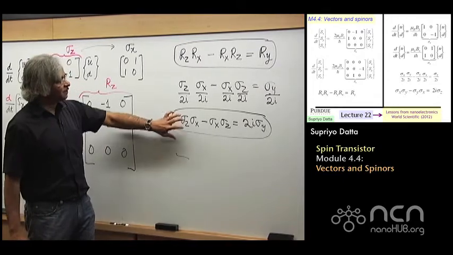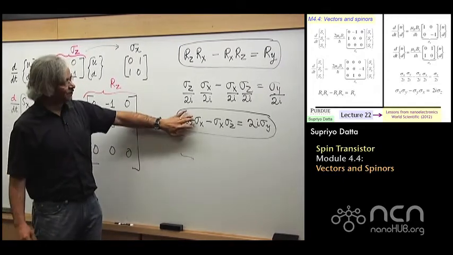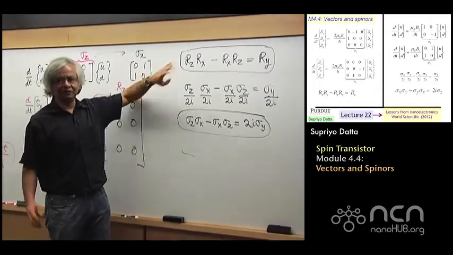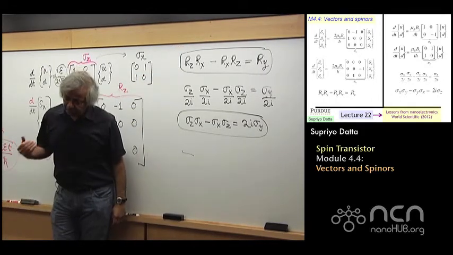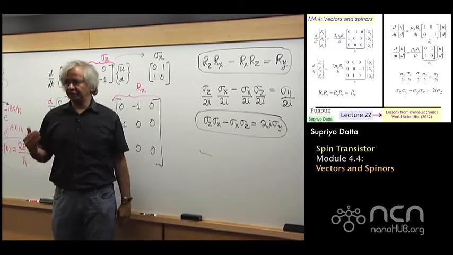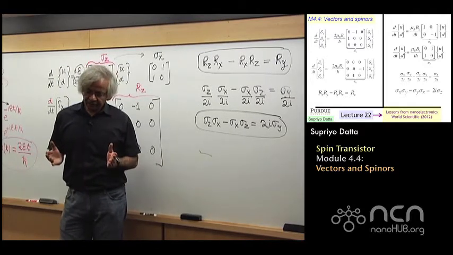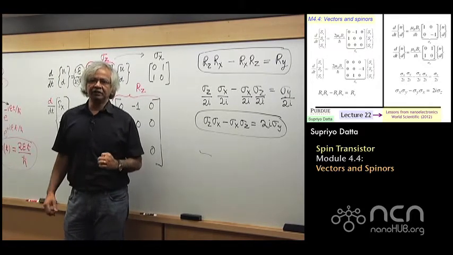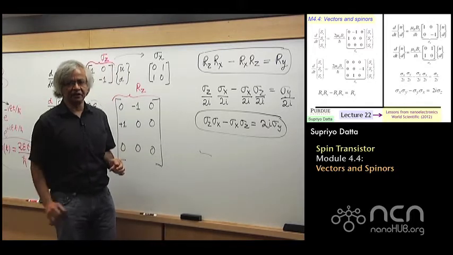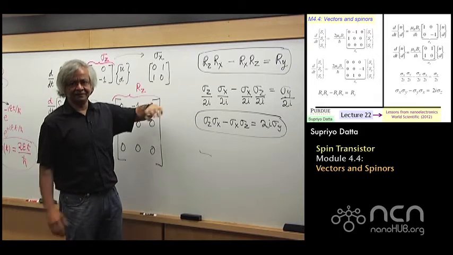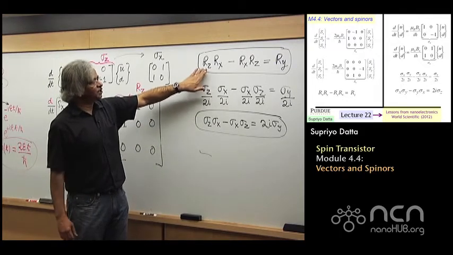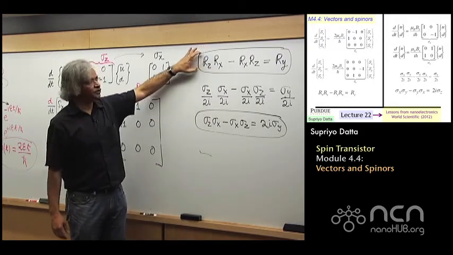the sigma matrices and everything we are doing with spinors has in common with the more familiar vector thing. See? And if you are looking at a regular quantum mechanics text or taking a regular course in this, the way they would go about it is something like this. They would say that any rotatable object, when you want to represent it, it is important that the rotation matrices follow this rule.